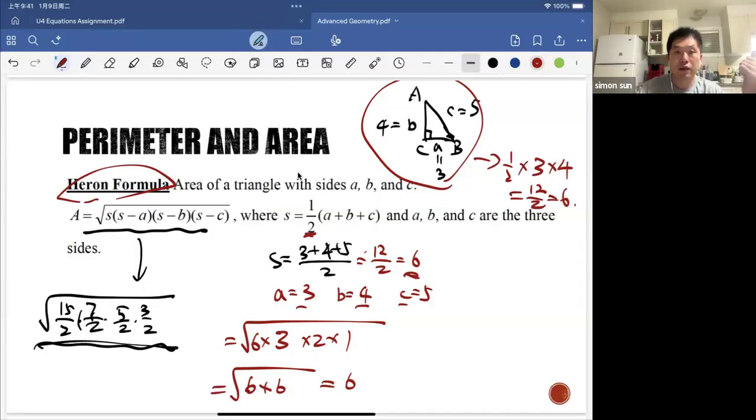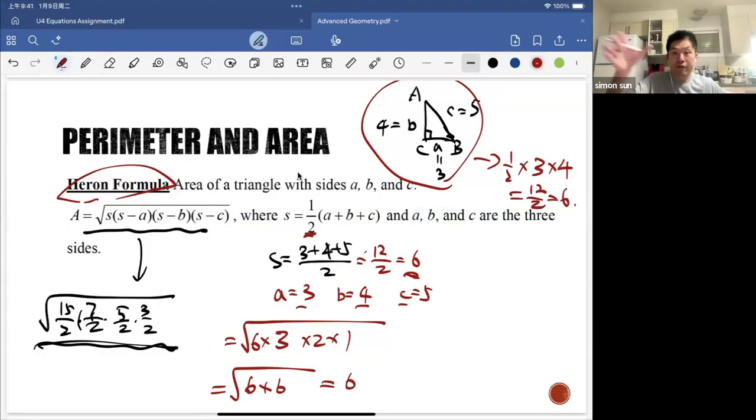You may say, for this right triangle, we can directly do 3 times 4 divided by 2. 12 divided by 2 is 6. We directly get the area. Why use such a sophisticated formula? It is because this one is a right triangle. So what if I change the sides?